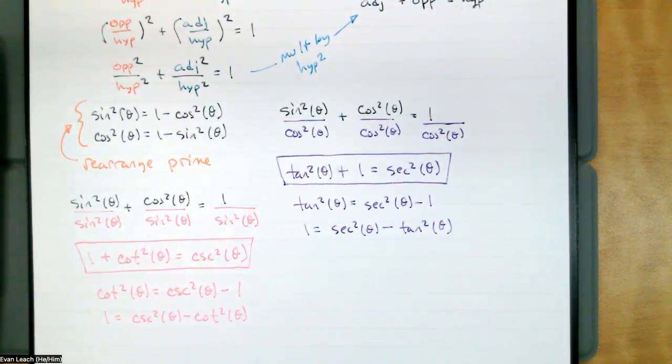Nine different Pythagorean identities, all variations on Pythagoras prime. Sine squared plus cosine squared is equal to 1. How's everybody agree?